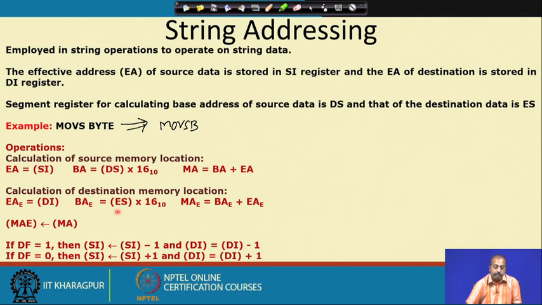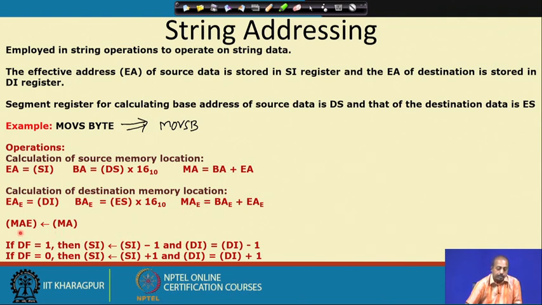So, ES times 16 gives us the base address for the destination, and the memory address is BA plus EA. These are added to get MAE, the memory address for the extra segment, or the destination.